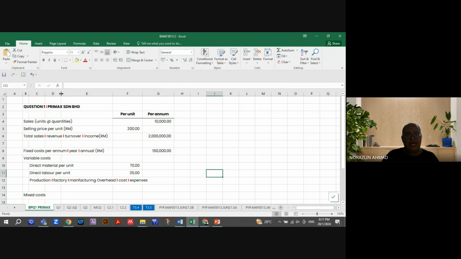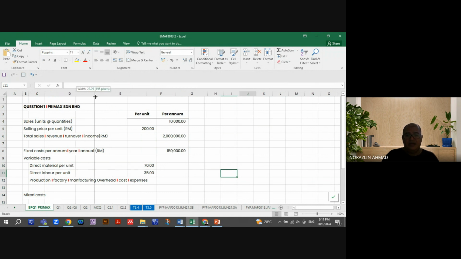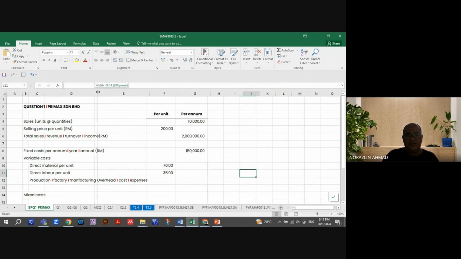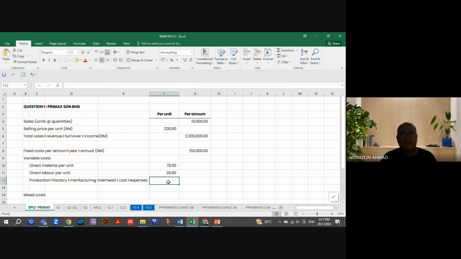In a different subject, there are different understandings and different terms used. For you to get a better understanding, production, factory, manufacturing is almost the same. Production overhead, production cost, production expenses, factory overhead, cost and expenses.